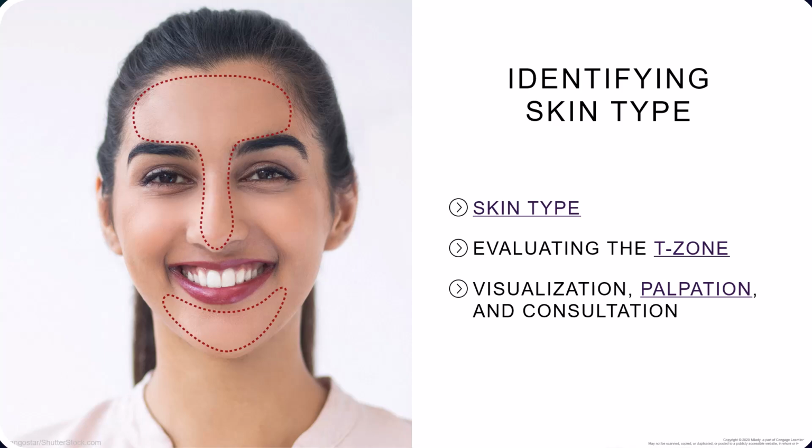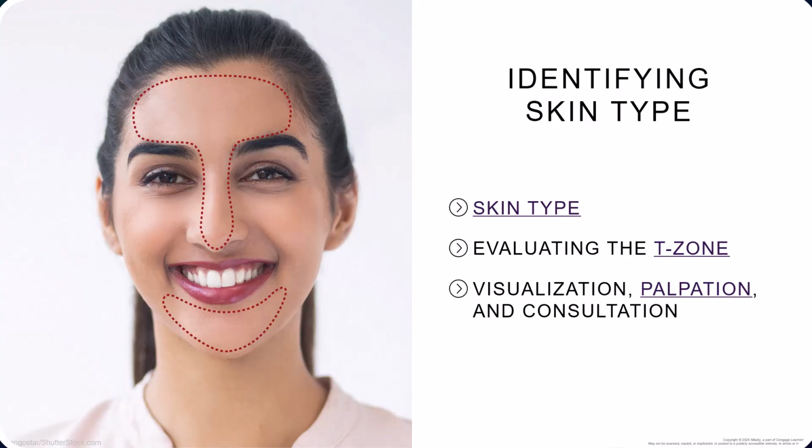A really good way to determine someone's skin type is by evaluating their T-zone. The T-zone is the center area of the face corresponding to the T formed on the forehead, the nose, and then the chin. So it makes a T on the face. That's the T-zone. Determining the pore size in that area can give us a good indicator of what that skin type is.